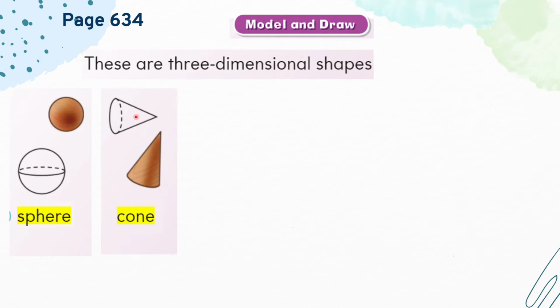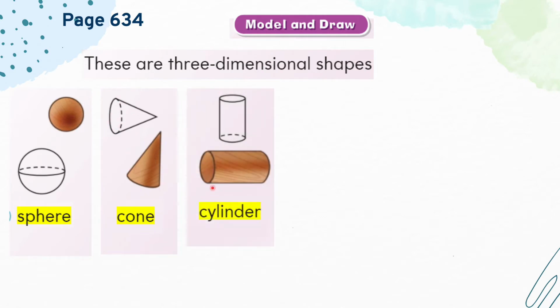This shape is called a cone. We have a cylinder. Now look at the cylinder. It has two flat surfaces. This is a cylinder. This here is a round surface, whereas it has two flat surfaces. This is a cube. It has 6 flat surfaces. 1, 2, 3, 4, 5 and 6.